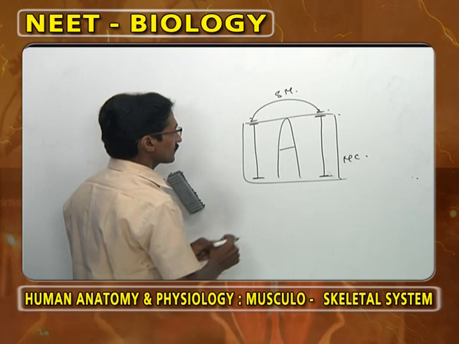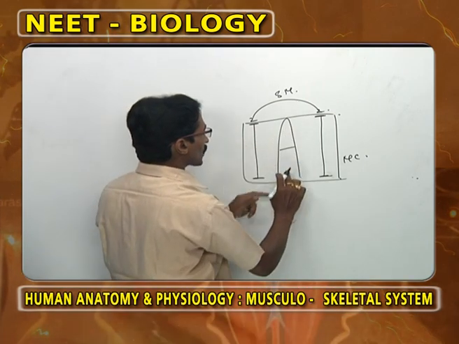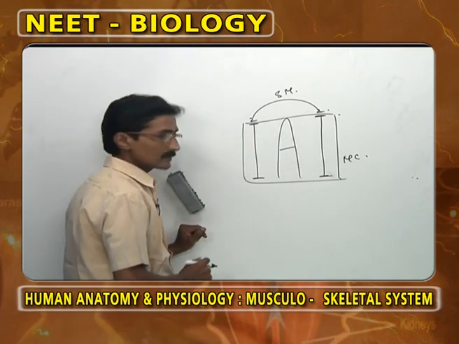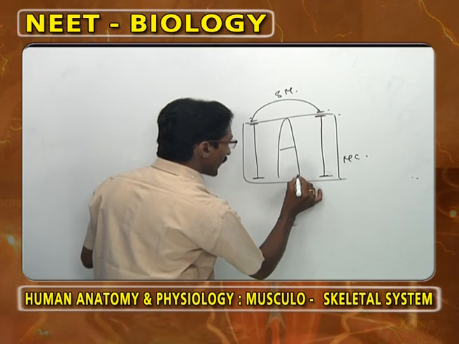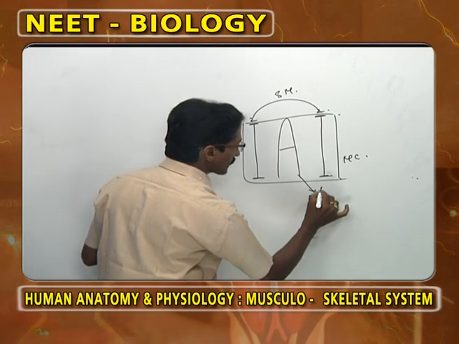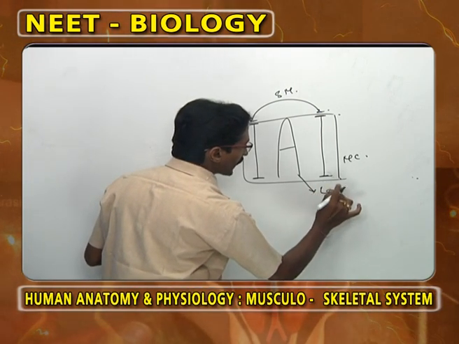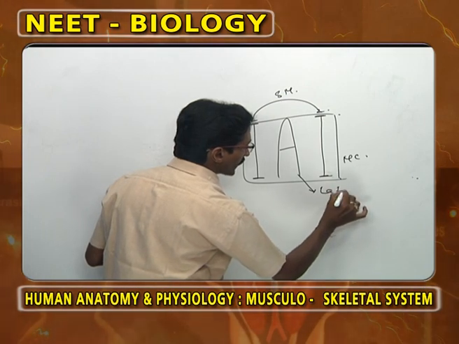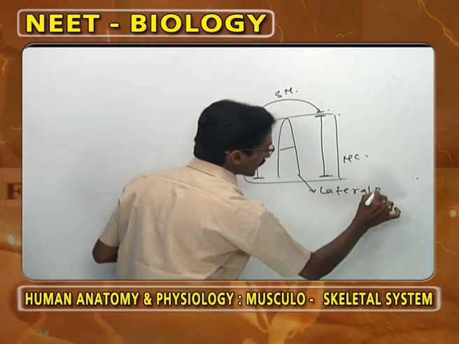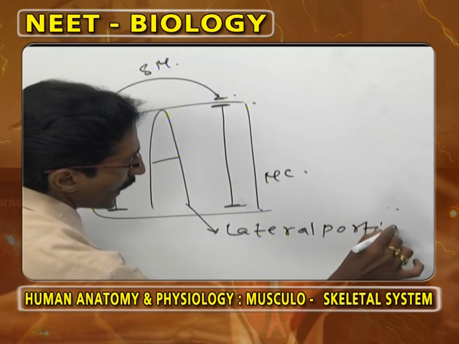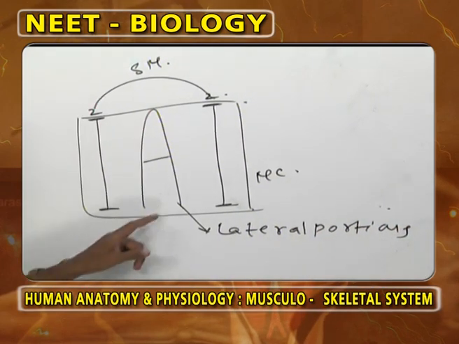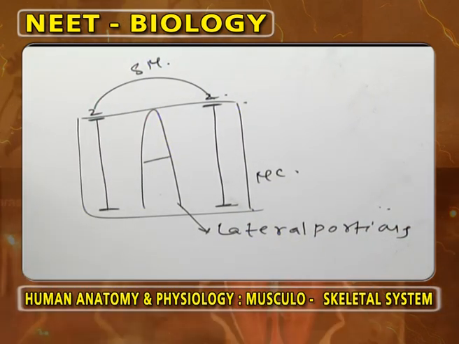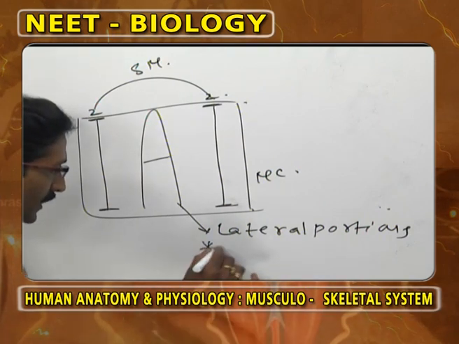Sarcomere. Now here what is the dark band? A. Now the arrow mark indicates the lateral portions of A band. In the lateral portions of A band, what is present?